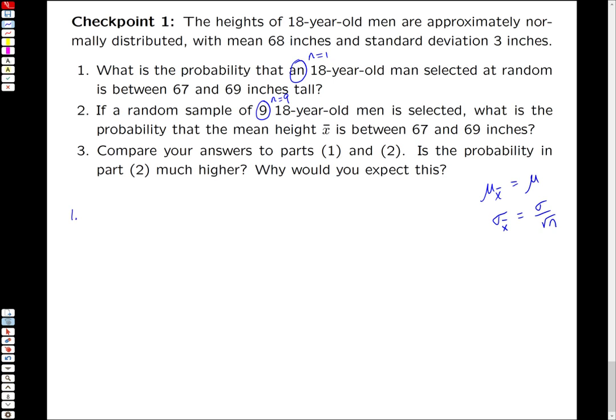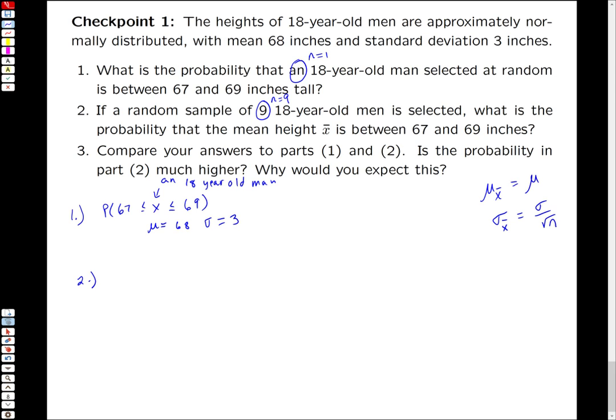Hey guys, watch this. On number 1, it says find the probability that an 18-year-old man is between 67 and 69. So that's going to be 67 is less than or equal to x is less than 69. X is an 18-year-old man. Now, in that case, you're going to use just the mean of 68 and the standard deviation of 3.